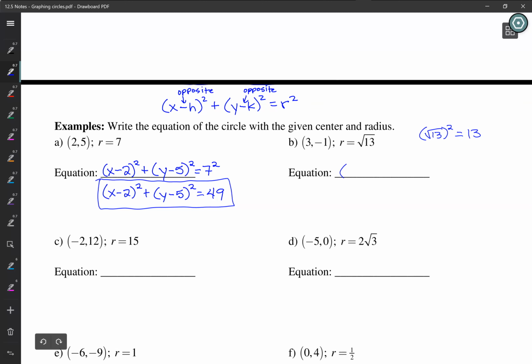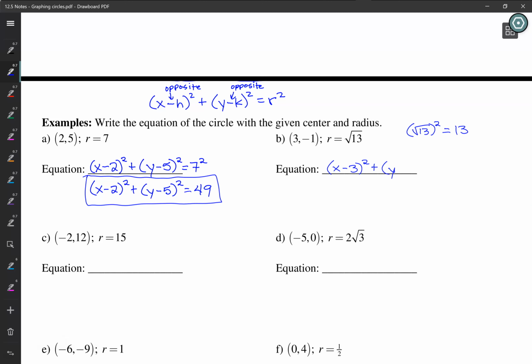So here I would have x minus 3 squared plus y opposite of -1 is plus 1 squared equals the square root of 13 squared. And the square root of 13 squared is 13. So x minus 3 squared plus y plus 1 squared equals 13.